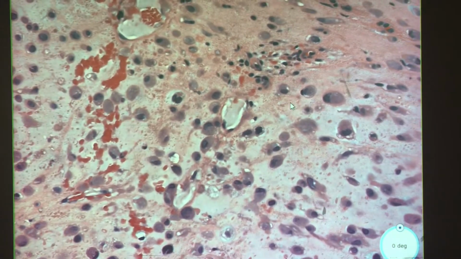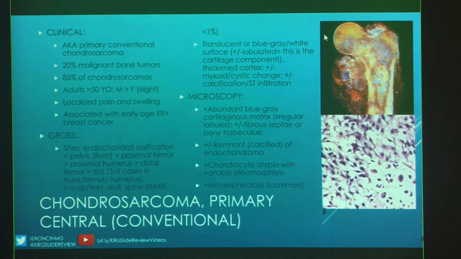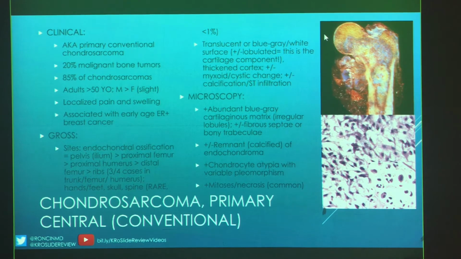But okay, so we have a cartilaginous tumor with atypia. So that makes this a chondrosarcoma, which is also known as primary conventional chondrosarcoma or primary central chondrosarcoma. This accounts for 20% of malignant bone tumors, so quite a good chunk of malignant bone tumors will be chondrosarcoma.